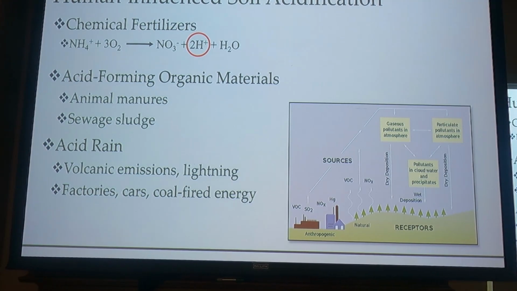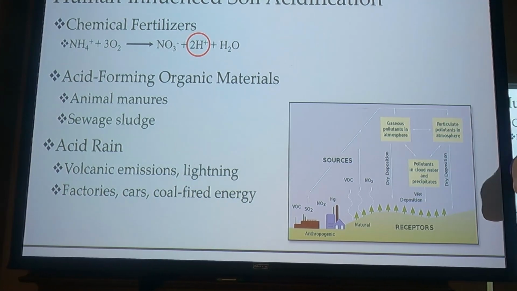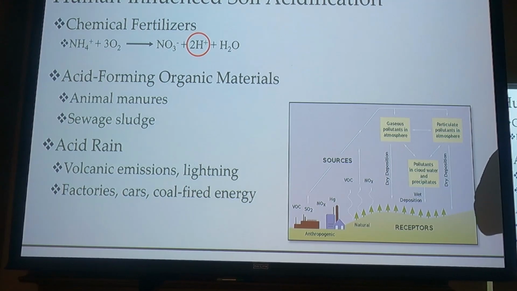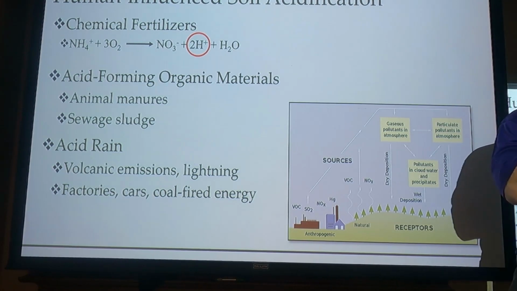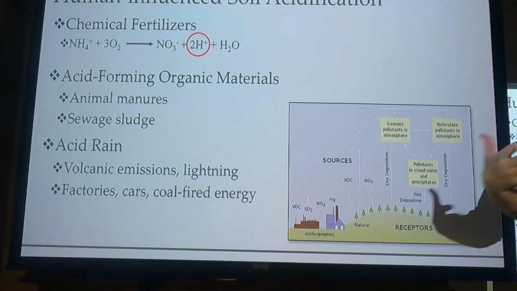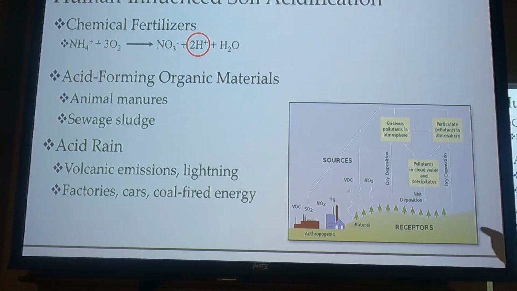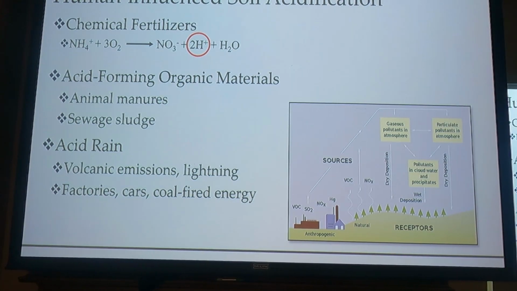Actually, we used to depend on our acid rain for a lot of our sulfur additions, and now the Clean Air Act of 1999 minimized or limited the sulfur emissions coming from our coal-fired energy plants, and now we have less sulfur in our acid rain, and so we're having to add more sulfur from our fertilizers. But remember that sulfur oxidation is going to increase soil acidity.